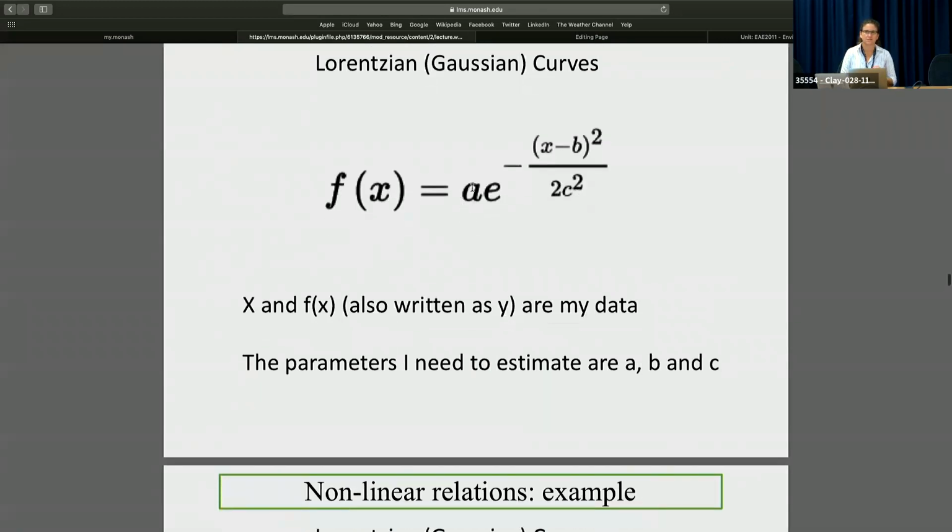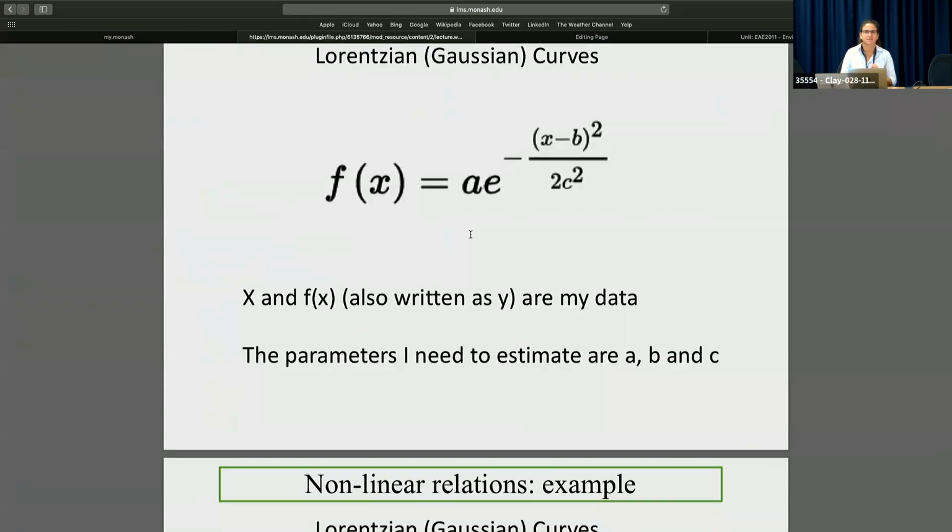These are real parameters, and actually parameters I'm really interested in. What is the maximum photosynthetic rate? At what temperature does the maximum photosynthetic rate occur? What is the breadth of my niche? These are all really important parameters for me. That's what I'm trying to extract by doing all these experiments.